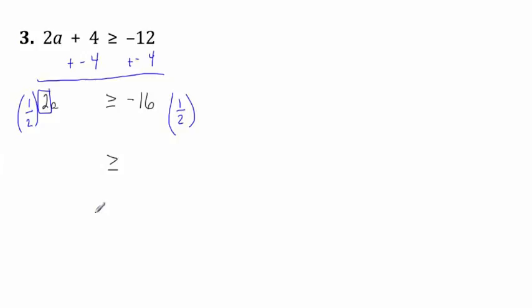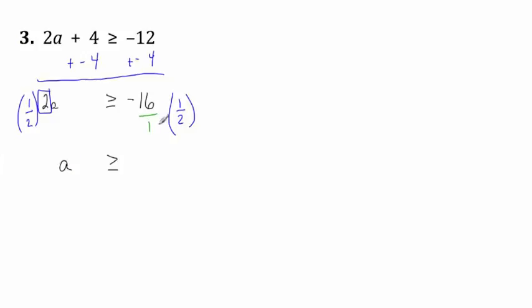Now, some students seem to get confused when you have a negative number involved. It's not whether a negative number is involved in the multiplication. The question is, did you multiply both expressions by a negative number? And the number you multiplied by here is 1/2. That's positive. So this will leave us with a in the left-hand expression.